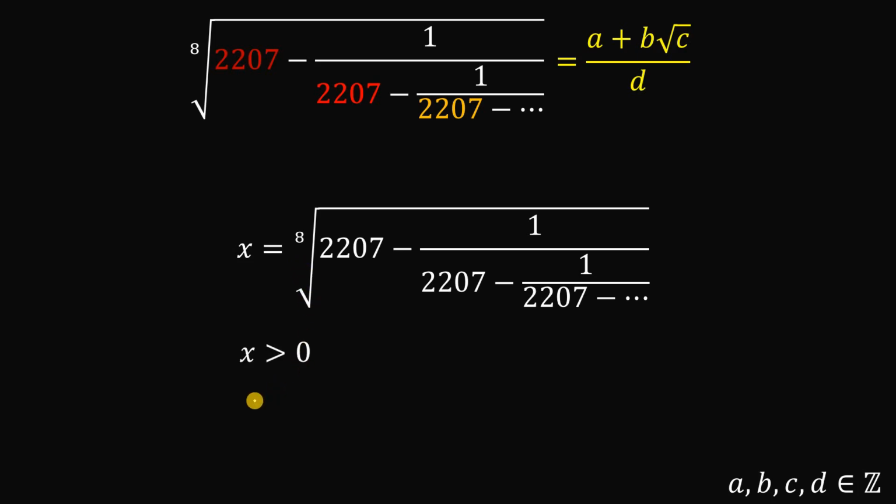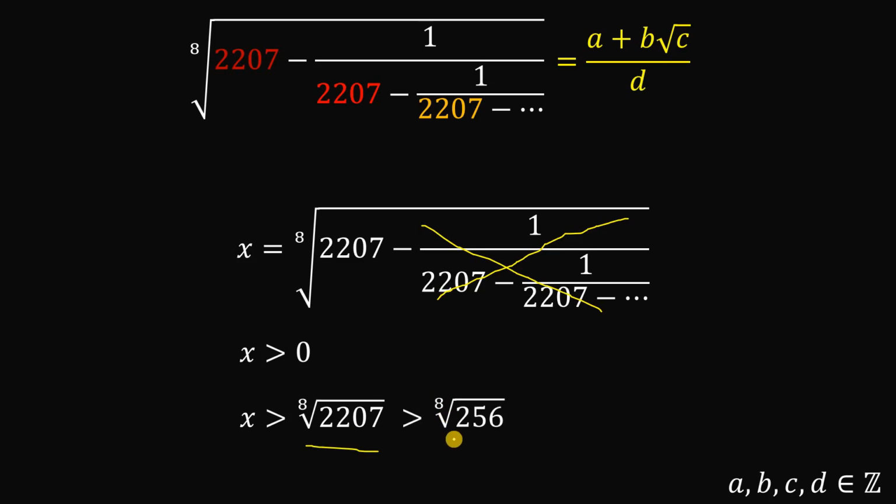Another observation is that x is greater than the 8th root of 2207 if we remove this piece, and also this number is greater than the 8th root of 256.